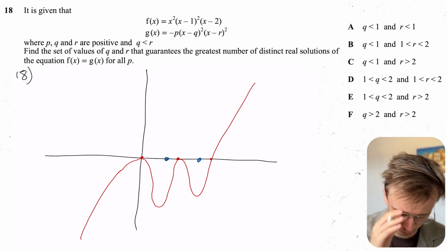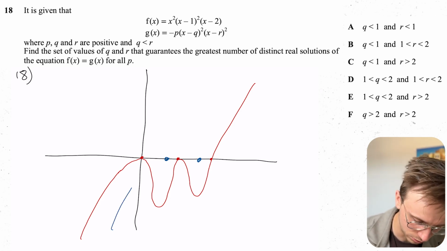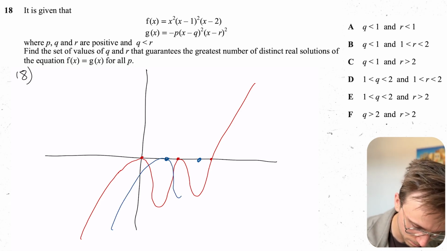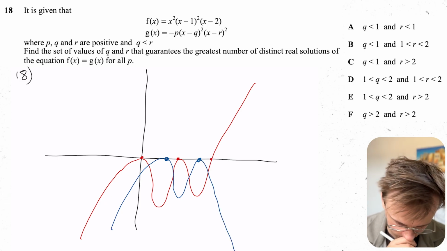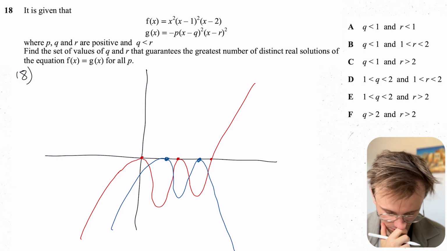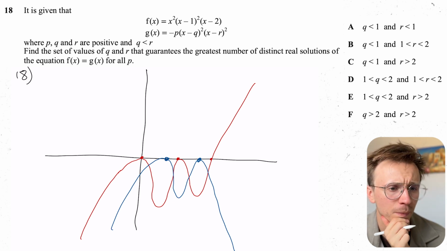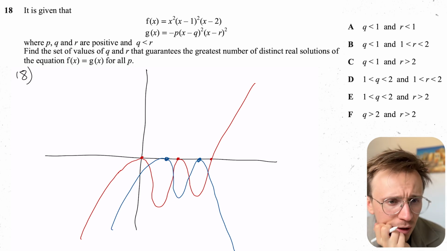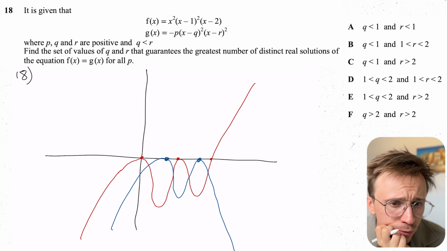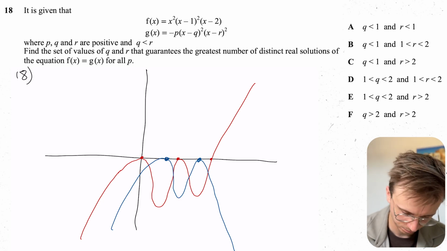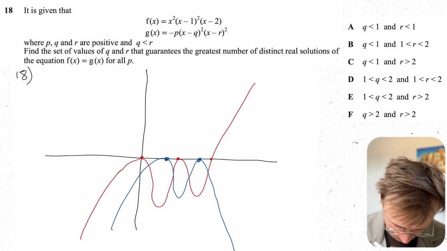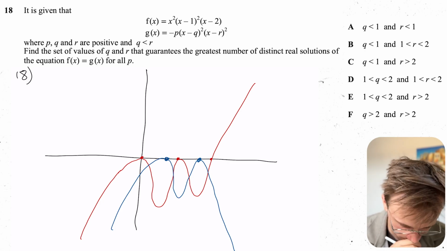And these are again double roots. So it's going to look like that. And what do I want to do? I want to maximize the number of real distinct solutions. So I think how I've drawn it maximizes that, right?